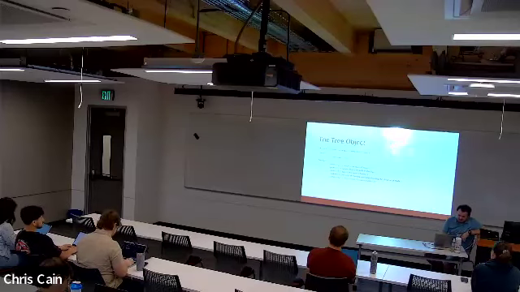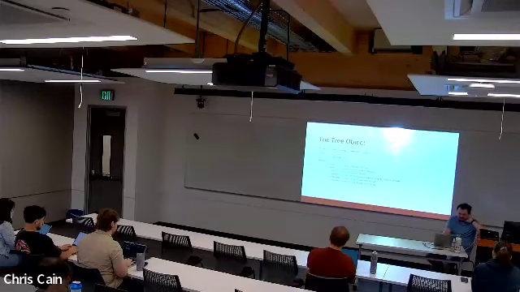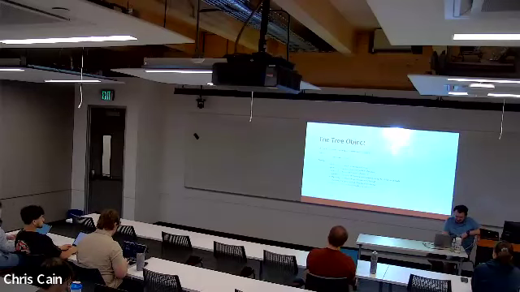Then we have some booleans. Is internal is true if the query node is internal, false if it is not. Is external is true if it's external and false if it's not. Remember that internal just means not a leaf and external just means a leaf. So is external could be implemented as basically is root.